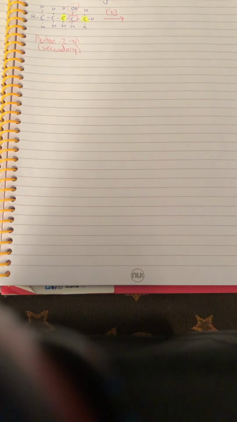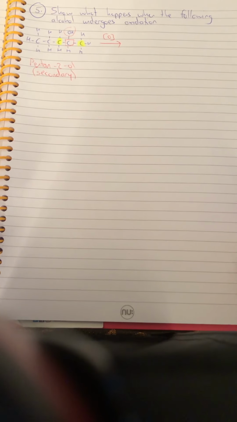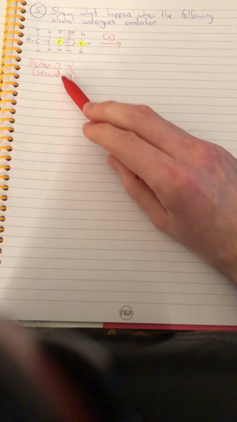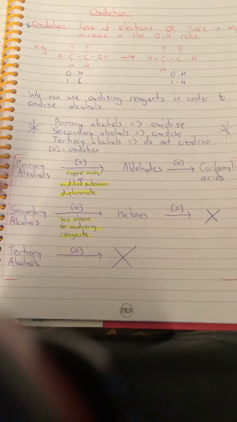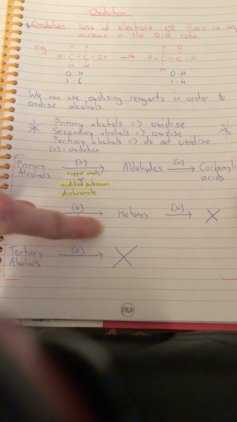Now, if we oxidize pentan-2-ol, it's a secondary alcohol. If we go back to our wee sheet, secondary alcohols go to ketones.